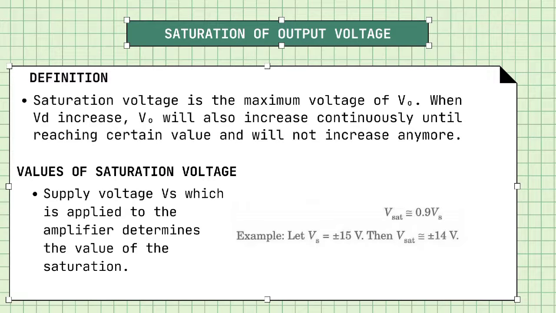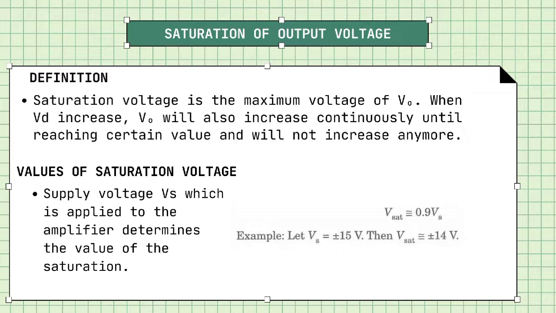Saturation of output voltage. Definition: saturation voltage is the maximum value of output voltage. When VD increases, output voltage will also increase continuously until reaching a certain value and will not increase anymore. The supply voltage which is applied to the amplifier determines the value of the saturation.